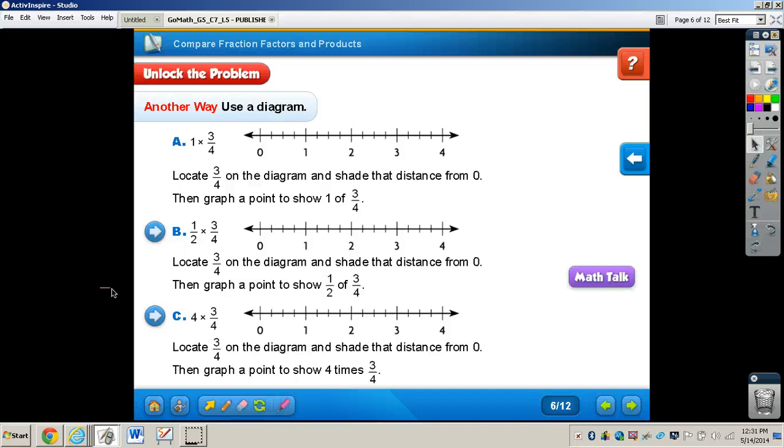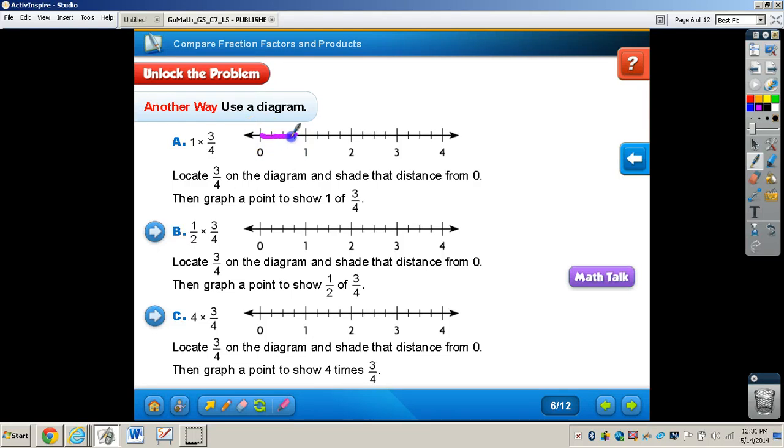Now, what you need to do is locate, first of all, 3/4 on the diagram. We can see 1/4, 2/4, 3/4, which is right here. Okay, and what we need to do now, we want to shade the distance from 0.